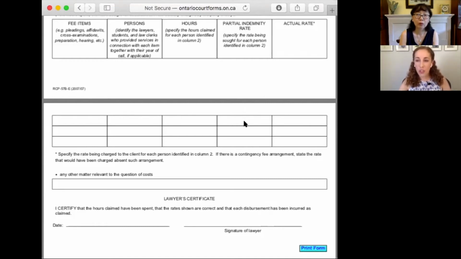So a lot of people just choose 60%, and I can multiply it by 60% and then put $60. And then in this column, put my actual rate of $100. But usually, the court will look at it and award partial indemnity rate. You'll rarely see an actual rate, your full rate, being awarded at a motion.